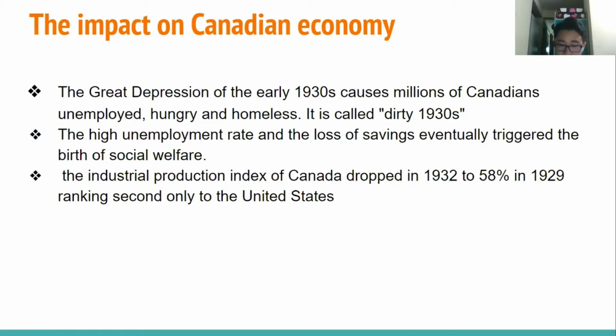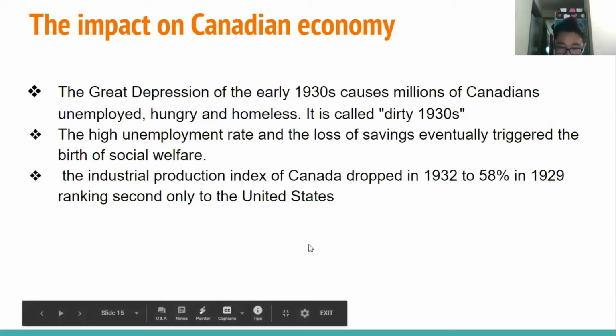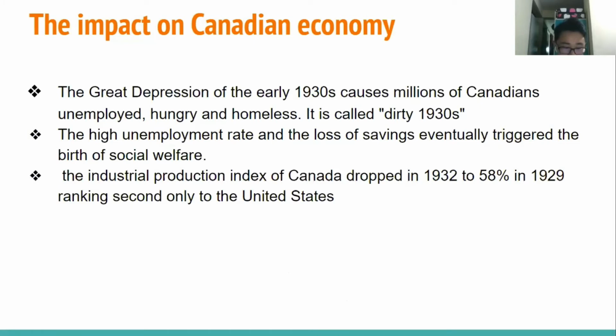After the global economic recession and the dust storm events, the industrial production index of Canada dropped in 1932 to 58% of 1929, ranking second only to the United States in the world.